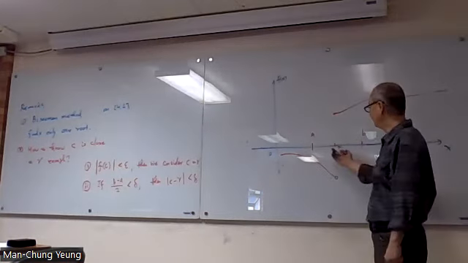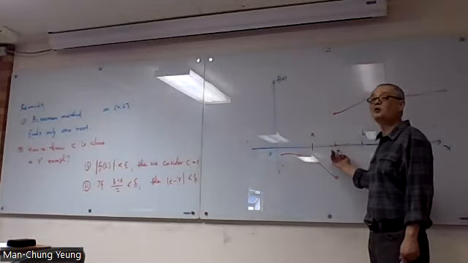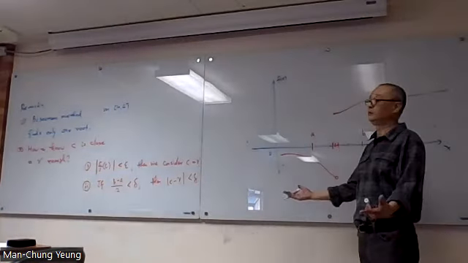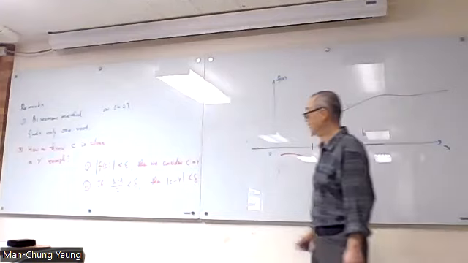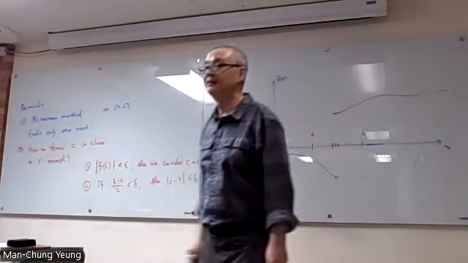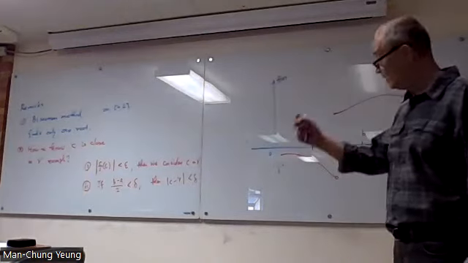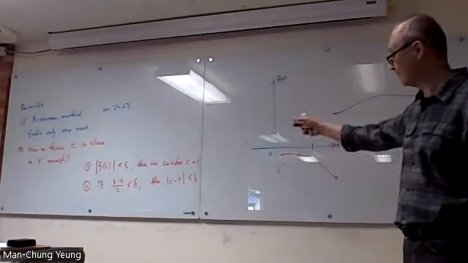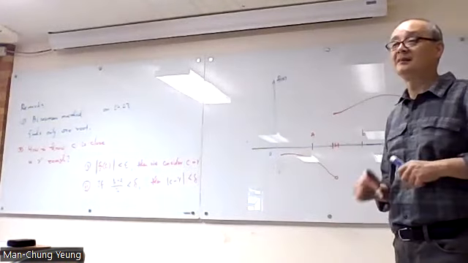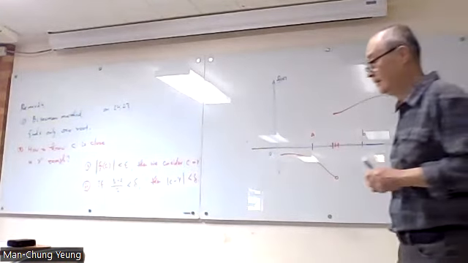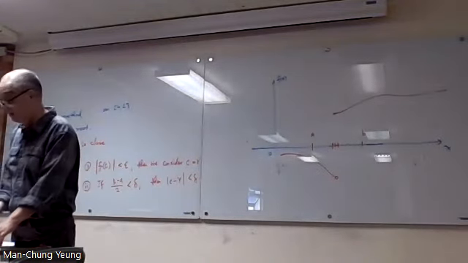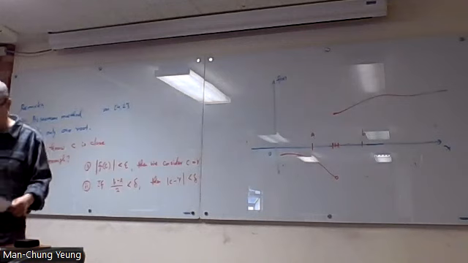If the function is not continuous, no matter how small the interval is, there is no guarantee. In some extreme cases, no guarantee, but in general it works. This is the idea.